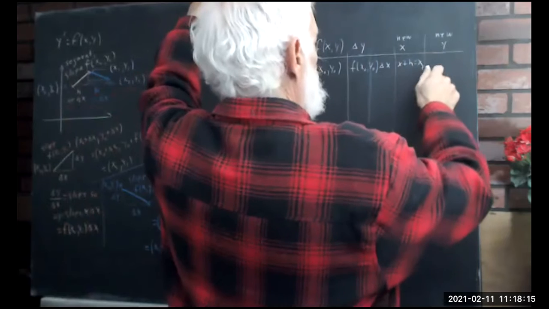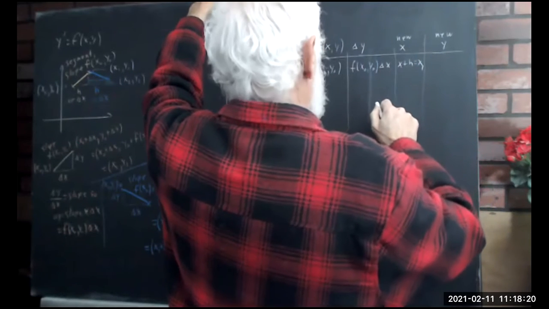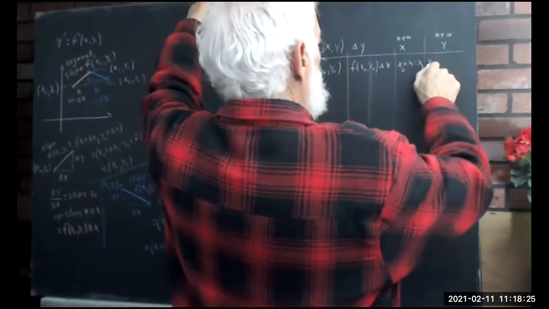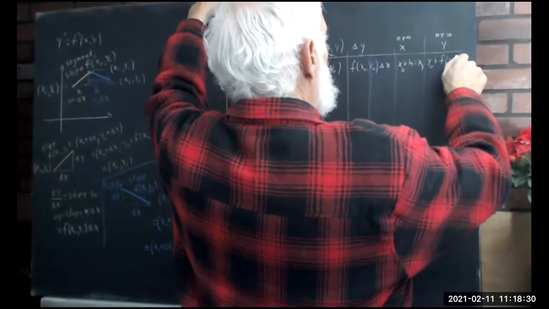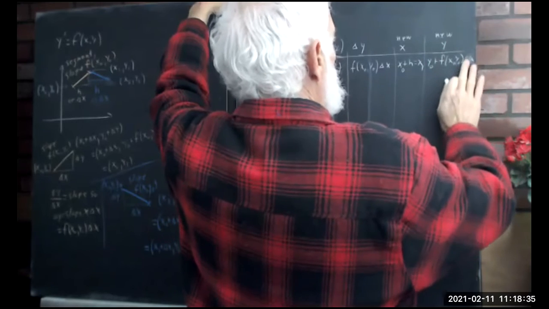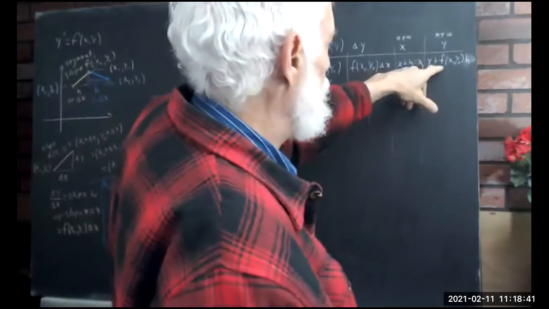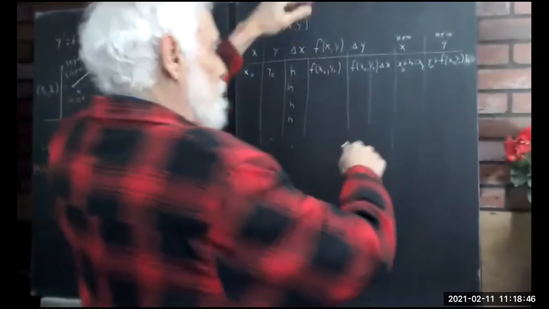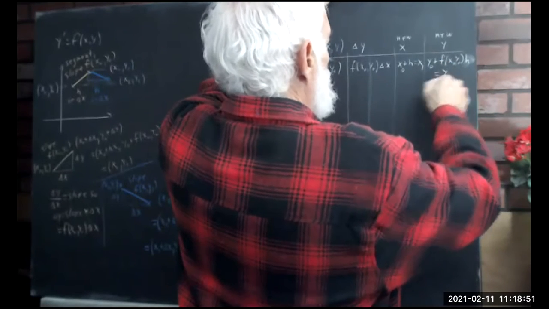Our new y is going to be y naught plus f of x naught, y naught times h, and this is going to be our y1.